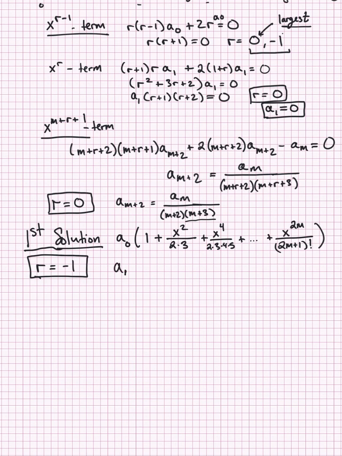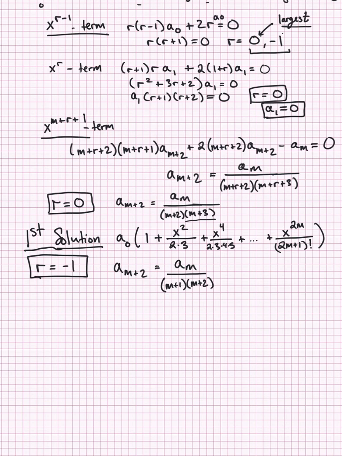So now we get a_{m+2} is equal to a_m over (m+1)(m+2), where r is now minus 1. But this is completely valid for all values of m, so we're never dividing by 0 or doing anything a little funky like that.